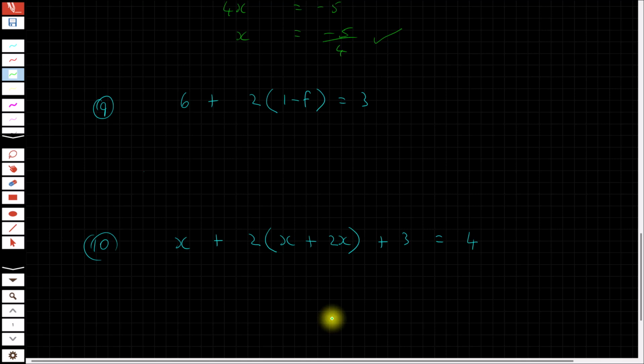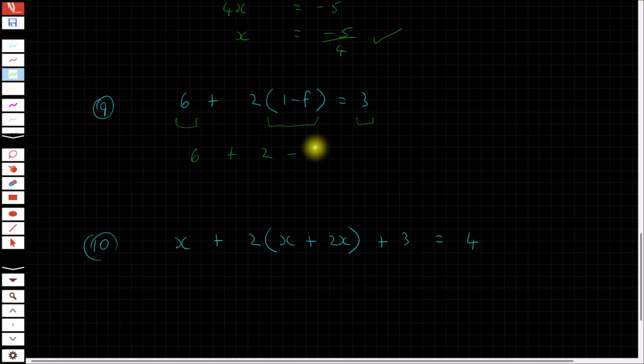The next one here, we have 6 plus 2 times this term in brackets. So we have 3 terms here, 1, 2, and 3. Let's write down the 6 and multiply out the brackets there, get rid of the brackets. So 2 times 1 is positive 2, and a 2 times negative f is a negative 2f.